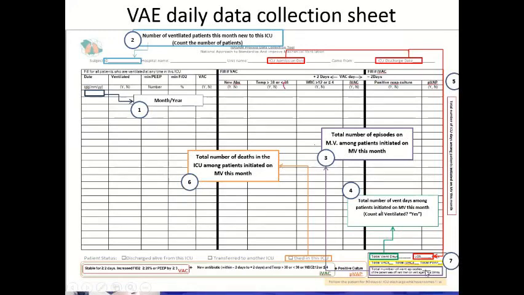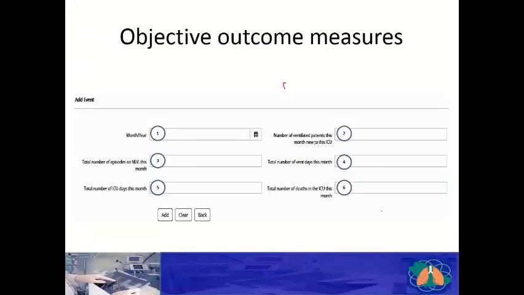So we will count from all forms and sum them together, and you will have episodes equal to or more than the ventilated patients this month.